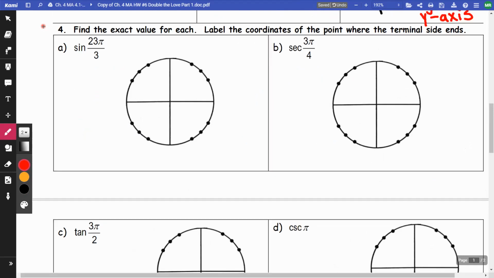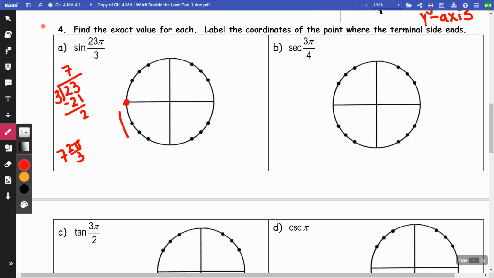Number 4. So we want to find the exact value. I'm going to do the same thing here. 3 goes into 23 7 times, which is going to be 21 with 2 left over. So I'm really looking at 7 and 2 pi thirds. So 7 pi is going to be here.